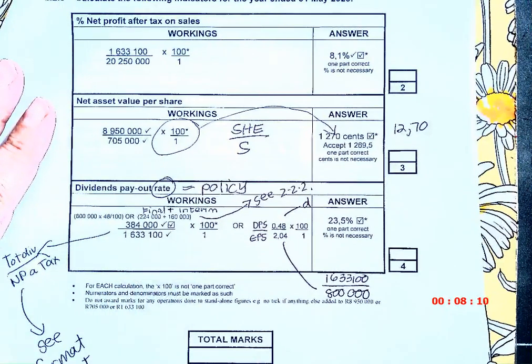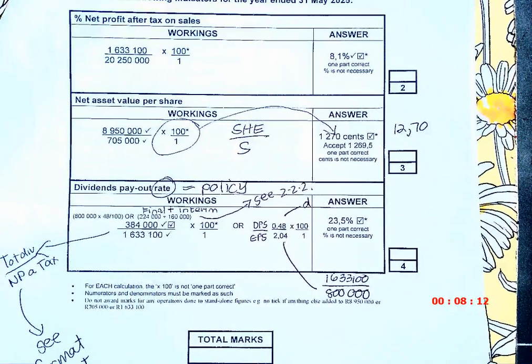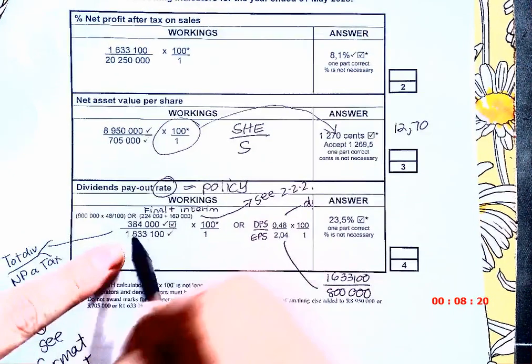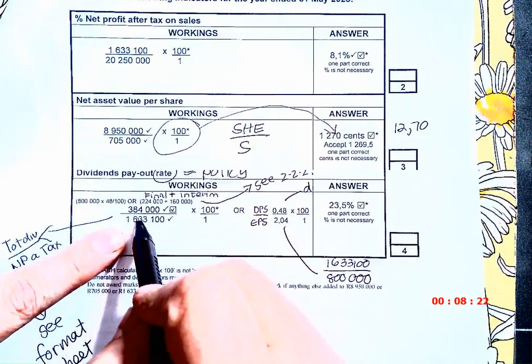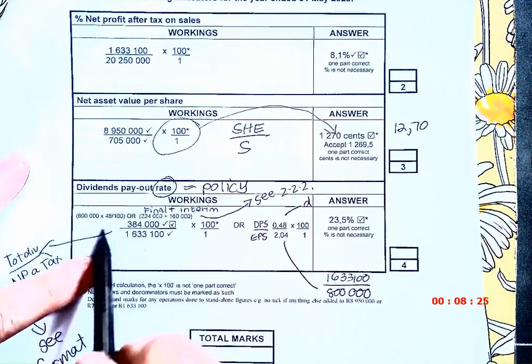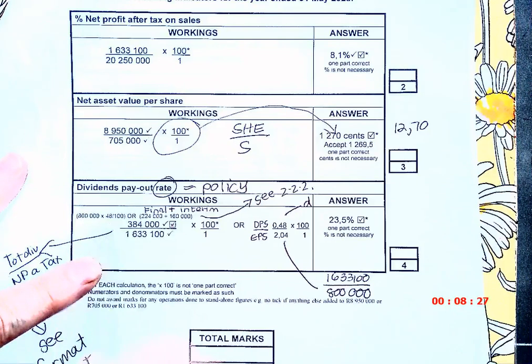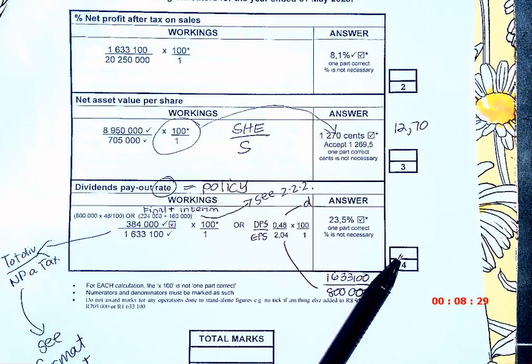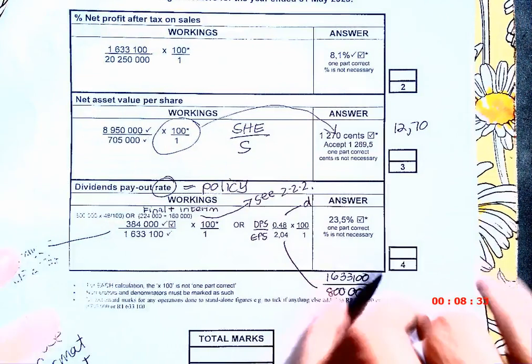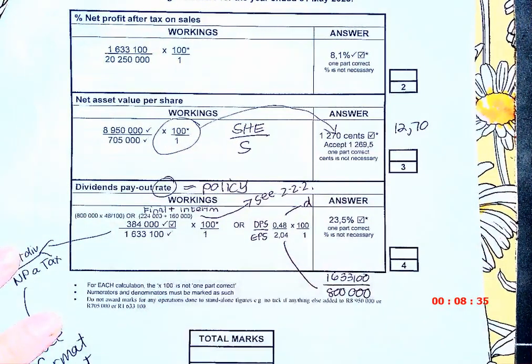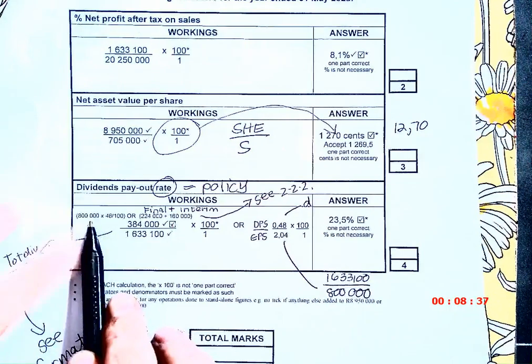They took the final and the interim dividends, ne? Which you already calculated when you calculated how much was paid to the shareholders, ne? Remember that. So that 384, it consists of the 48 cents, so if I want my final and my interim, ne?